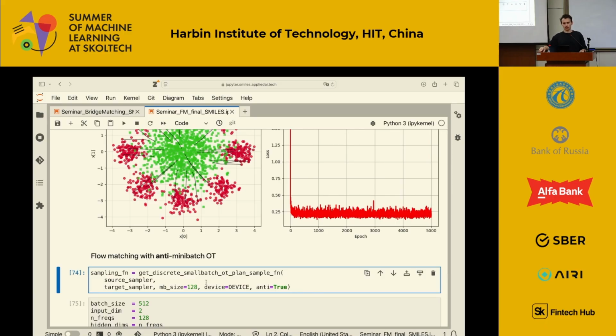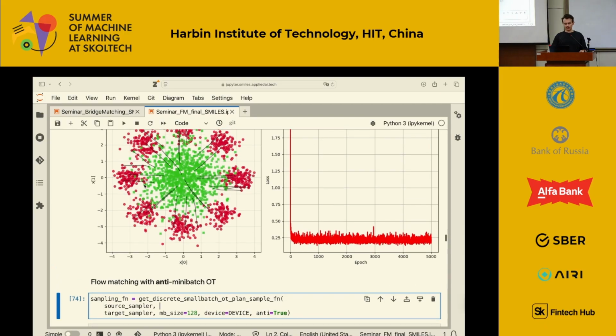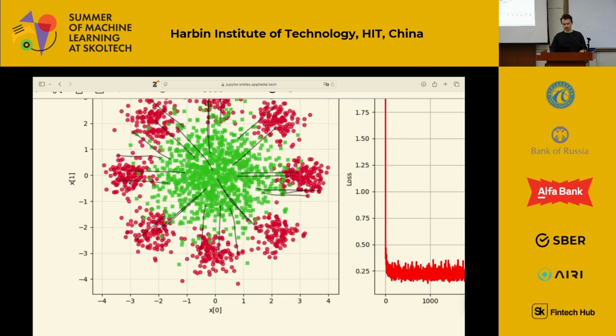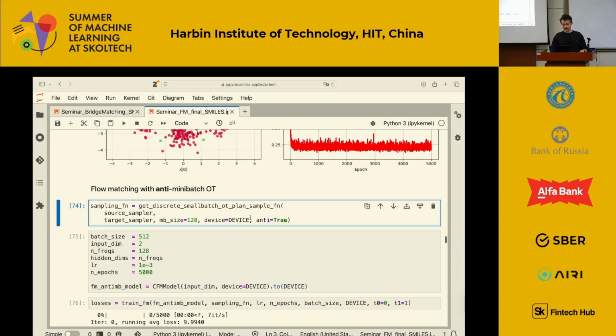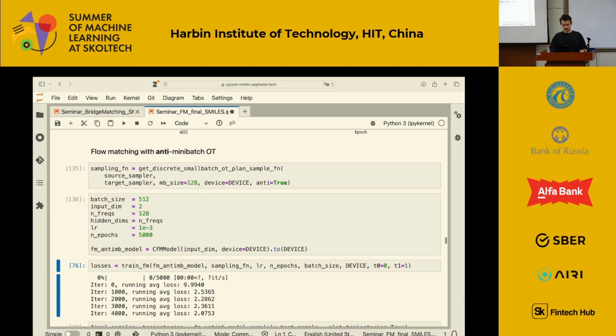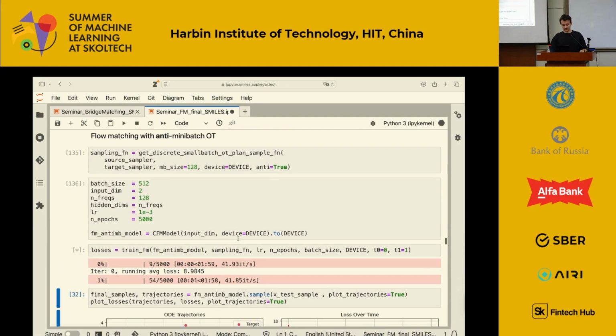Here we will not minimize the L2 norm, but maximize it. So we will try to pair points from different parts of the distributions. For example, for this point we would map the farthest point away, and for these points, we will map points which are, again, far away. Let's see what it gets us.